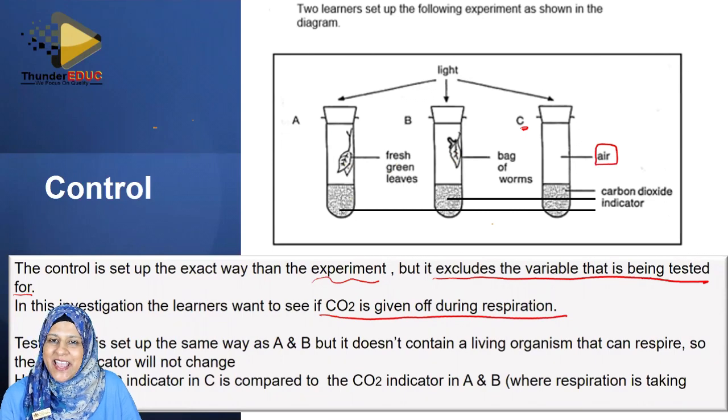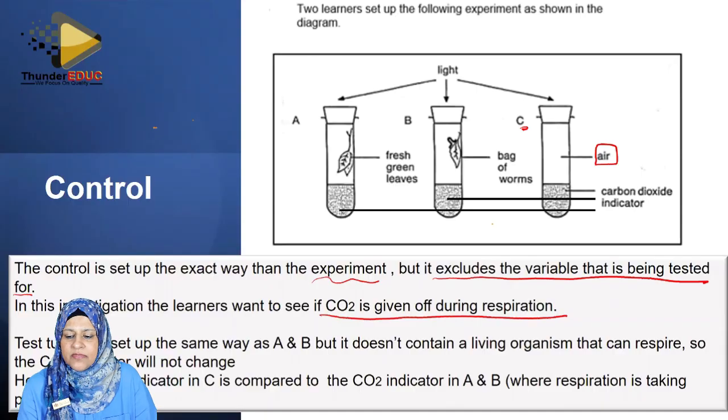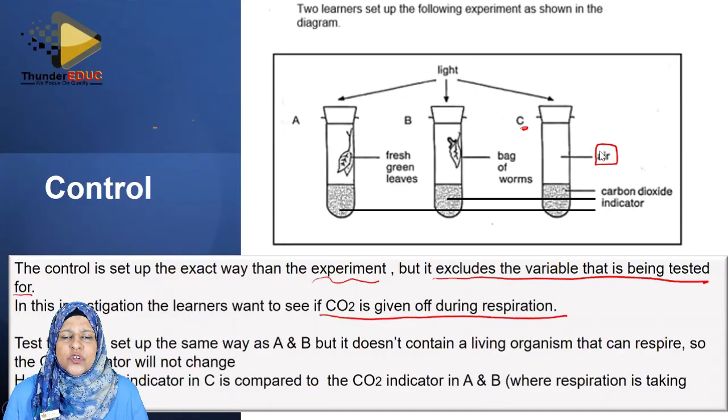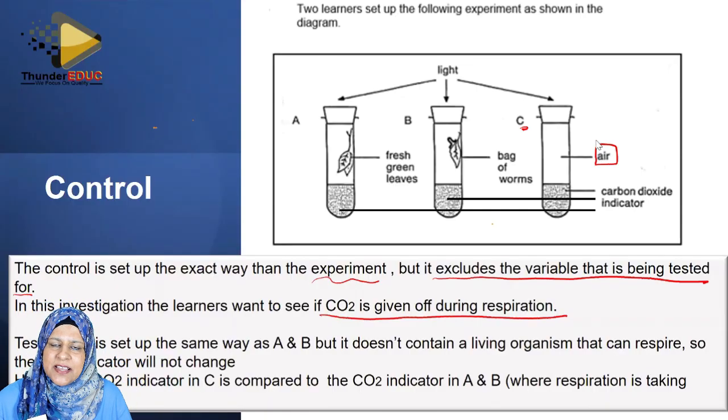Our indicator to show us whether respiration has occurred will be, what would that be? It will be clear lime water. You must say clear lime water. What happens to clear lime water in the presence of carbon dioxide? Clear lime water turns milky. So what's going to happen?